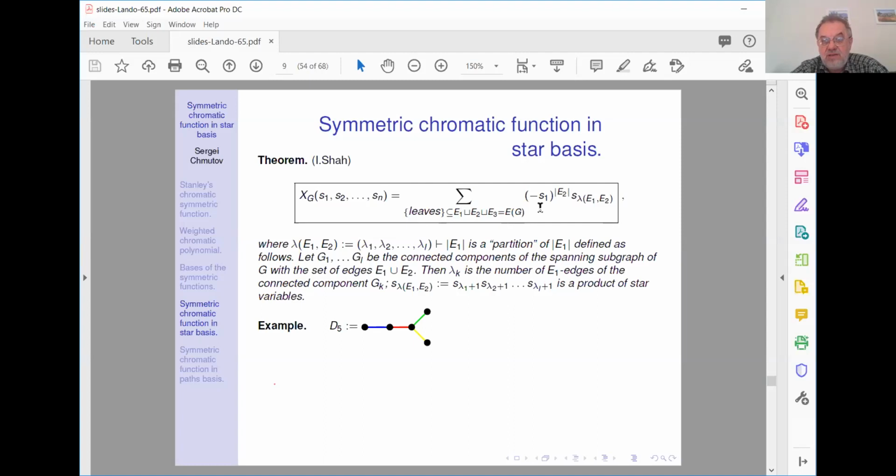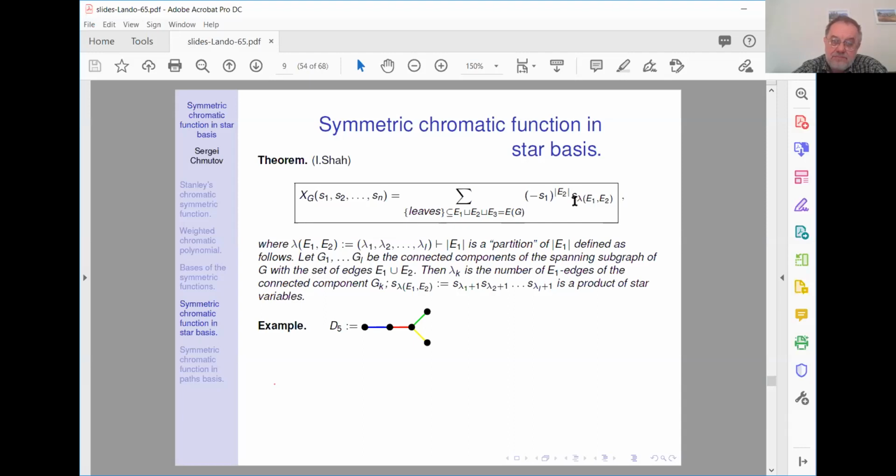And now I have negative S1, the variable which corresponds to a single point, the star with 1 vertex. That will be raised to the power of the number of elements in the second part of that 3-partition of the set of edges.